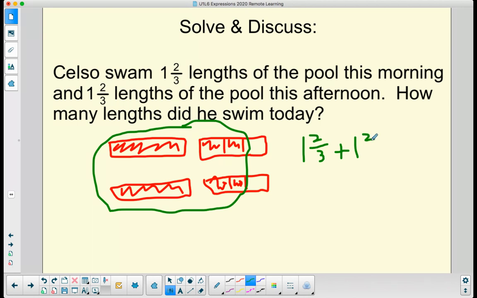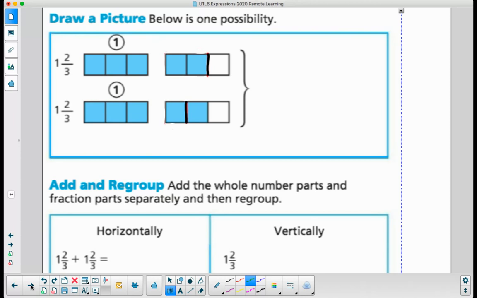Now, if I was with you, I would just have you add those two and explain how you did it. And then we would discuss the different methods that should have come up. But since I'm not with you and able to do that, I'm going to show you the different methods that you may have chose. One is to draw a diagram just like I have.